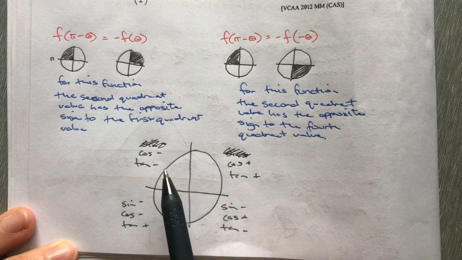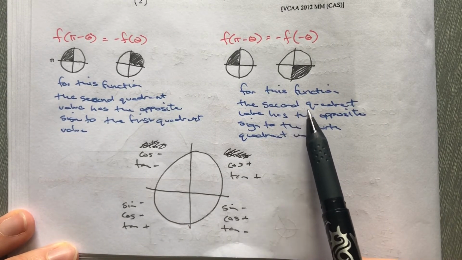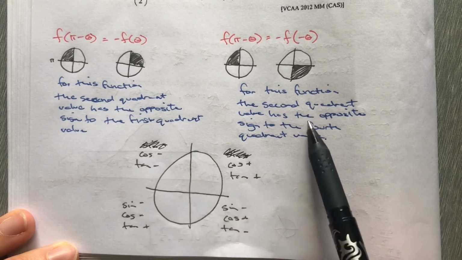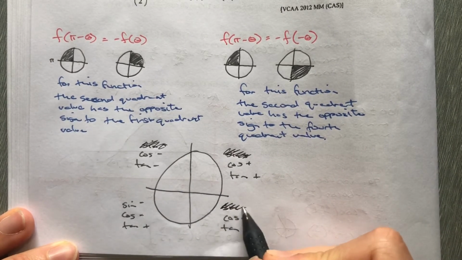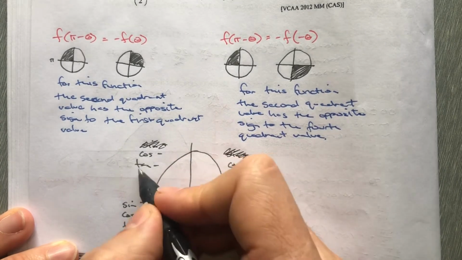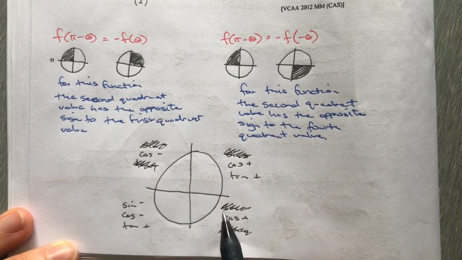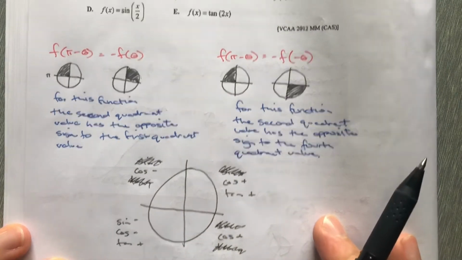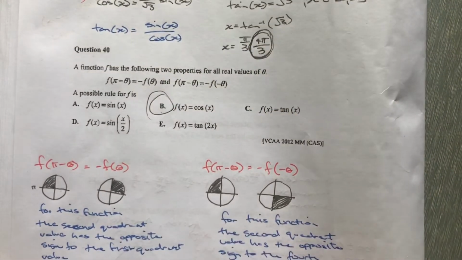But this has to be true as well: the second quadrant value has to be the opposite sign to the fourth quadrant value. Cos is opposite, tan's the same. Tan's no good. So that means it was true for cos. So our answer must be B.